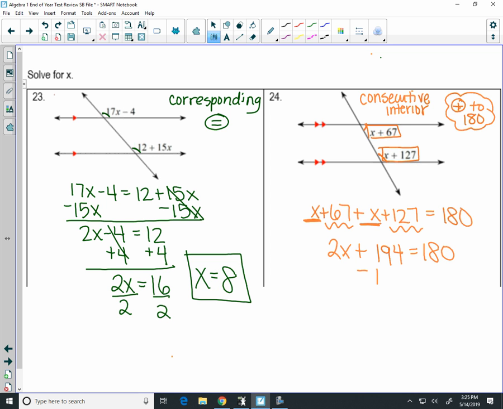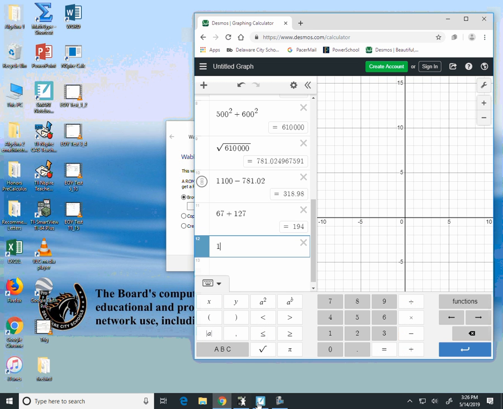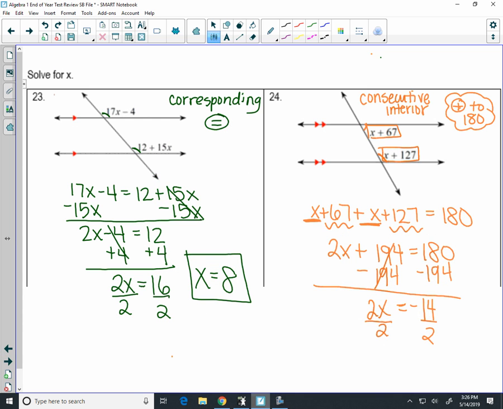We're going to do the opposite operation. We're going to subtract 194. Divide by 2, we get x equals -7.